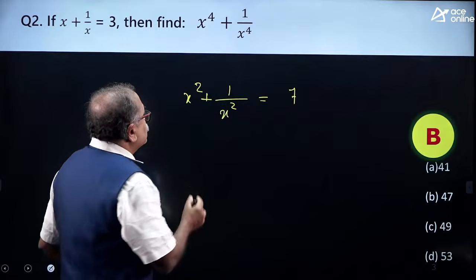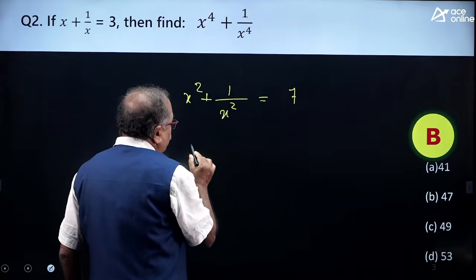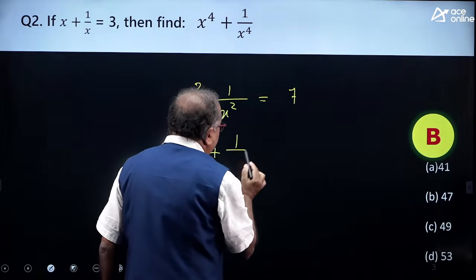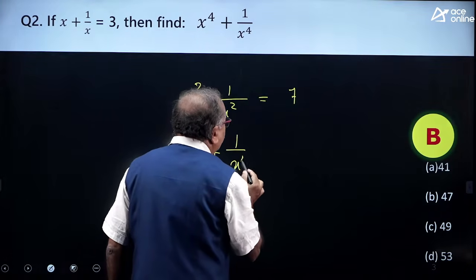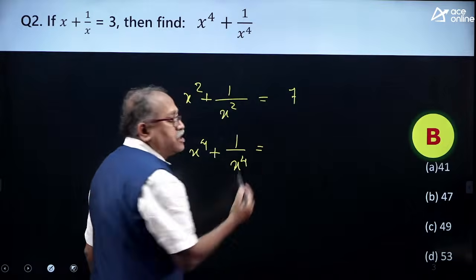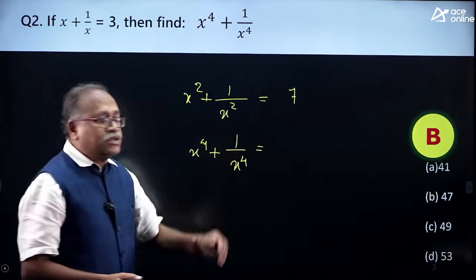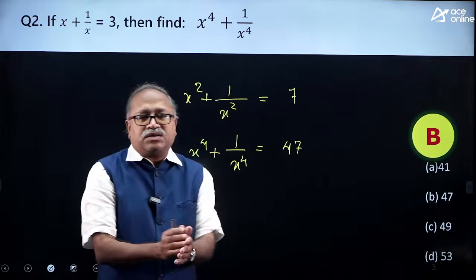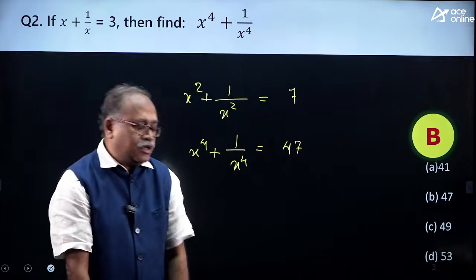Now I will again make the square of this, that is x to the power 4 plus 1 by x to the power 4, which is nothing but 7 square, that's 49, minus 2, that comes 47. Beautifully answered, Sunshine, I think the name.